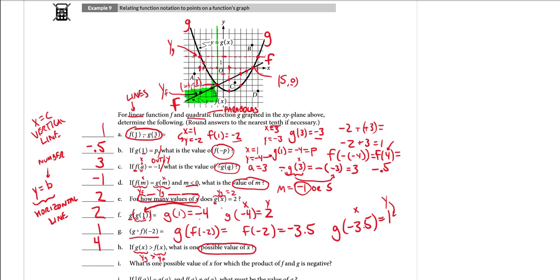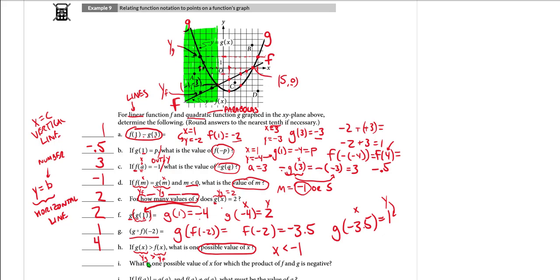You can see that anything to the left of that point where the two functions meet, you're going to have an entire region here where the g function is above or greater than the f function for any given value of x, which means that any value of x that is less than the value of x at that point of intersection, which is negative 1, actually not equal to, sorry, less than negative 1. x just has to be less than negative 1, and we will have a value of x that satisfies g of x is greater than f of x. Whenever x is less than negative 1, the g function will be above or greater than the f function.